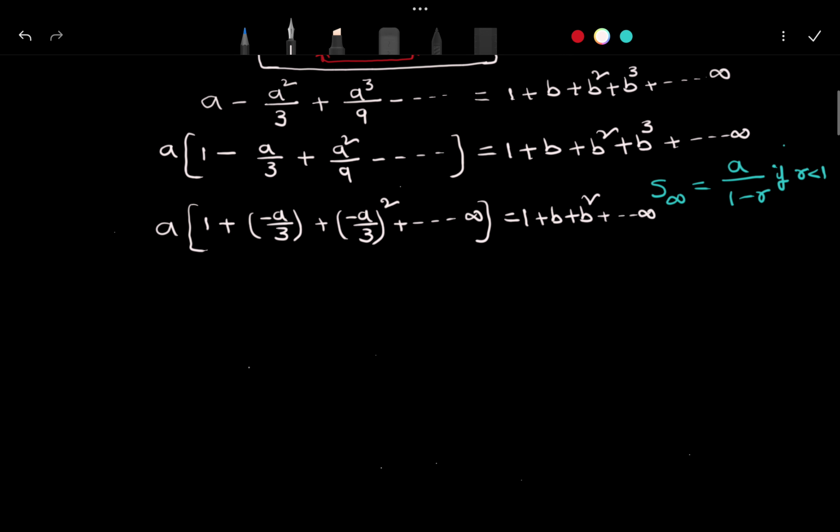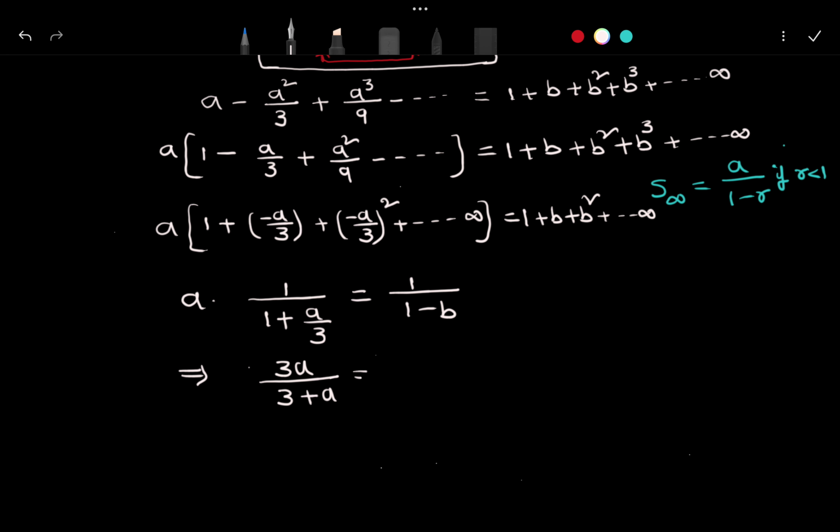On the left hand side, you apply the formula: a into first term, that is 1, by 1 minus common ratio. The common ratio means second term by first term, or third term by second term, and so on. So second term by first term is minus a by 3. Minus into minus gives plus, so a into 1 divided by 1 plus a by 3 is equal to 1 divided by 1 minus b. Now you take the LCM. This becomes 3a divided by 3 plus a is equal to 1 by 1 minus b.